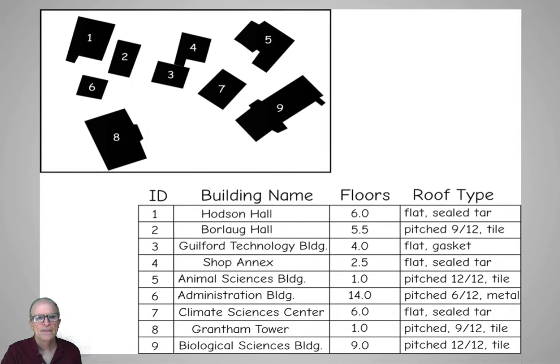Now, again, we typically have a data layer with objects identified by an ID and then a set of attributes associated with them. So building name, floors, roof type. Nobody's one definition is better than another's inherently. You add the attributes you need depending upon your use for the data.